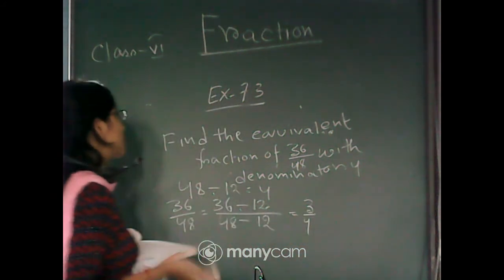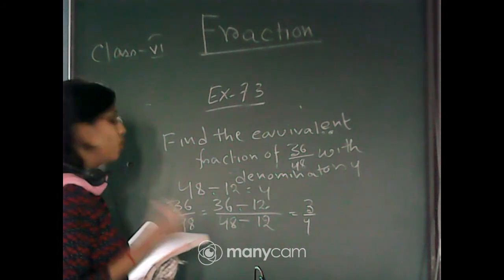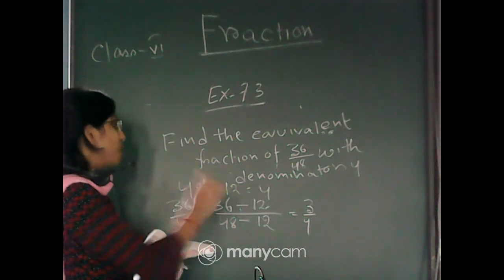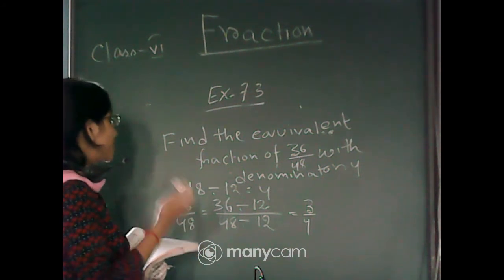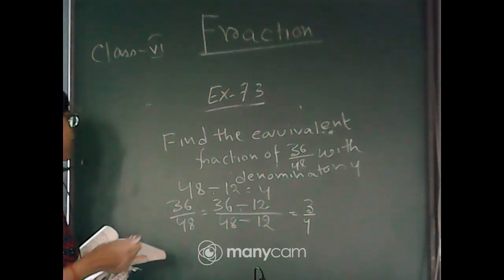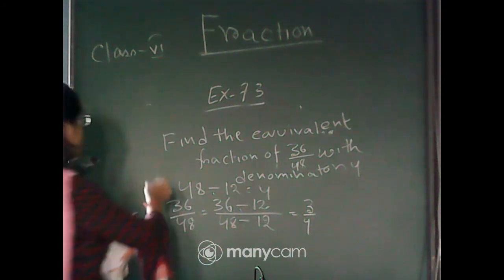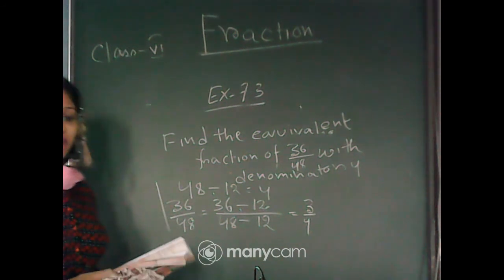Therefore, the equivalent fraction of 36 by 48 with denominator 4 is 3 by 4.